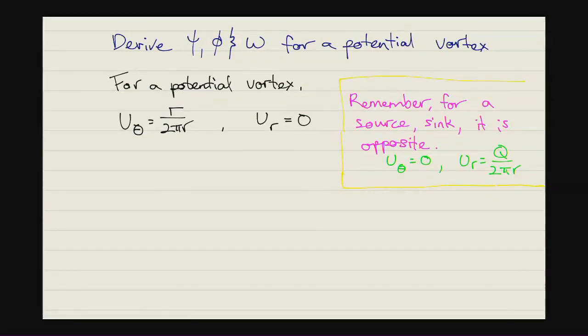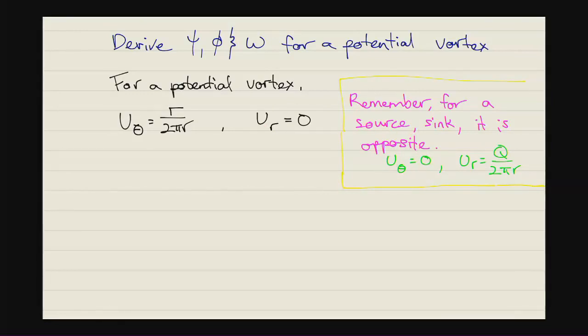Okay, so I've written down here u theta and ur for a potential vortex. Now, I hope it should be quite familiar, right? Hopefully you can make this relationship on how your potential vortex is quite different to a source and a sink. Okay, if you notice that for a potential vortex you have 0 radial velocity, but in a source and sink you have 0 azimuthal velocity.